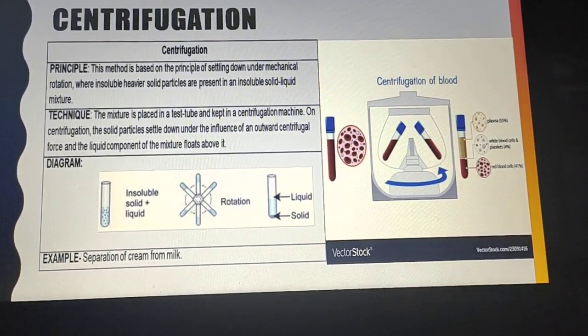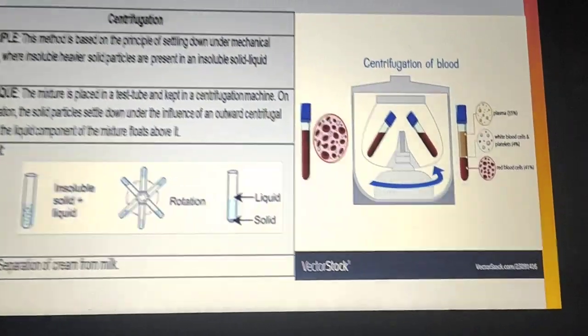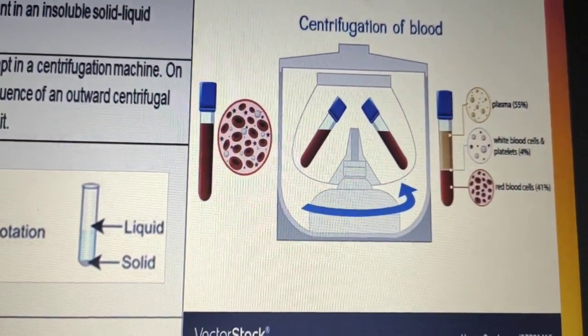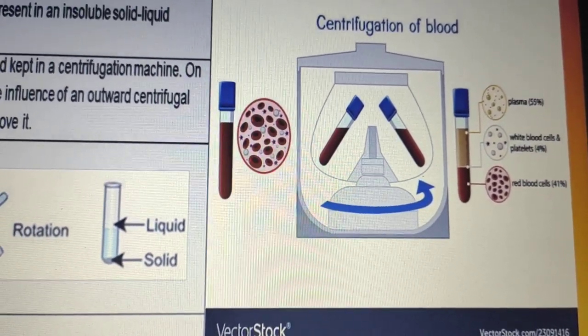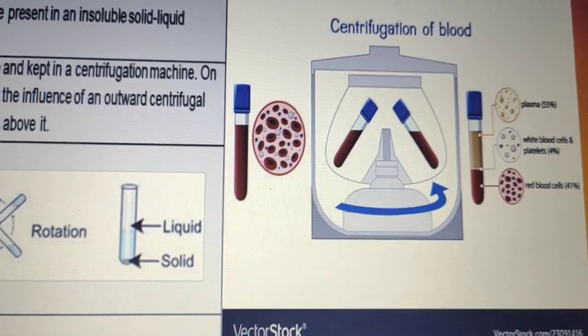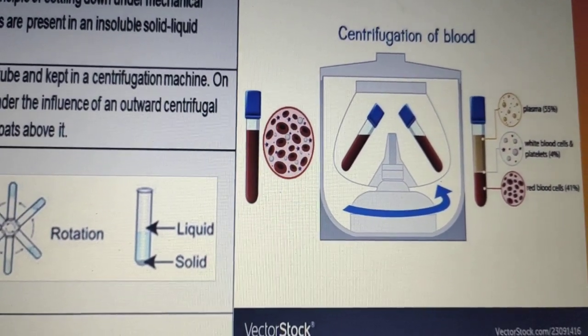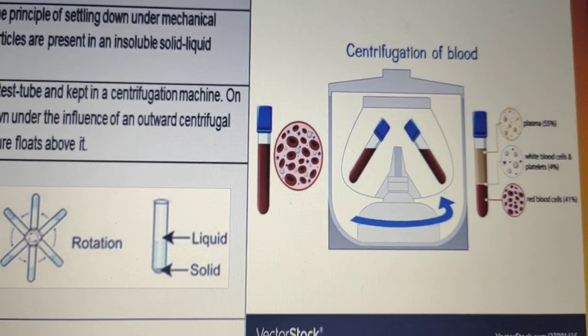In the test tube you see two colors, yellow and red. Yellow denotes the plasma and red denotes the red blood cells. So you can separate the plasma and red blood cells with the help of the centrifugation machine. You have to fill the blood in the cuvette, cap it, and put it in the machine. The machine gets electrified and rotates.